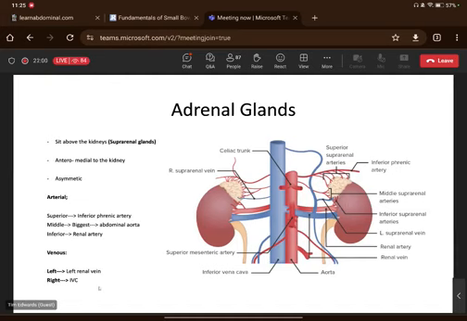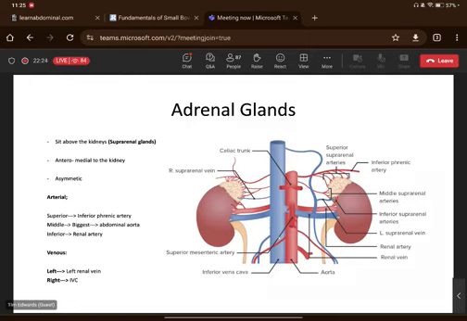And in terms of venous supply, just two draining veins, so three arteries supplying and just two veins draining. On the left side, the left adrenal vein drains into the left renal vein. On the right side, it drains directly into the inferior vena cava.